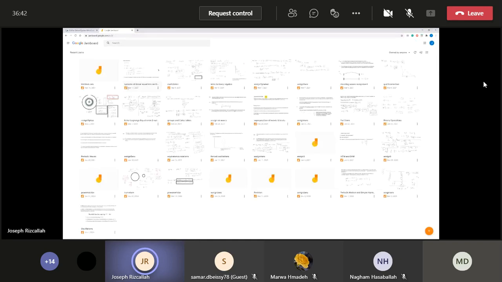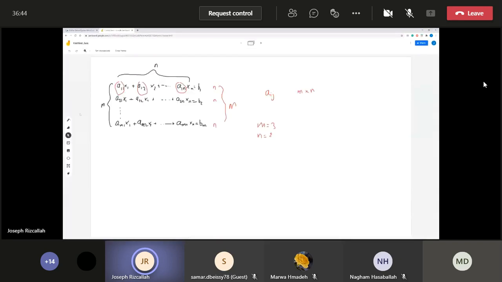So it's so easy, but it's going to take some time. So let's take an example of this. So 3 equations, 2 unknowns. For example, let's say x minus y equals 5. Then suppose 2x plus y equals minus 2.